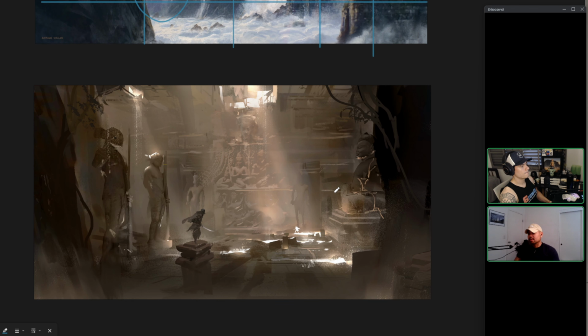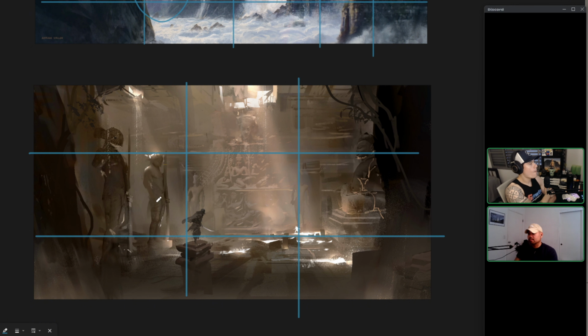And then I did this interior environment where I made sure this was landing on the rule of thirds, like this area. And then you have the hierarchy of the statues going towards the center. So we see this temple wall here.